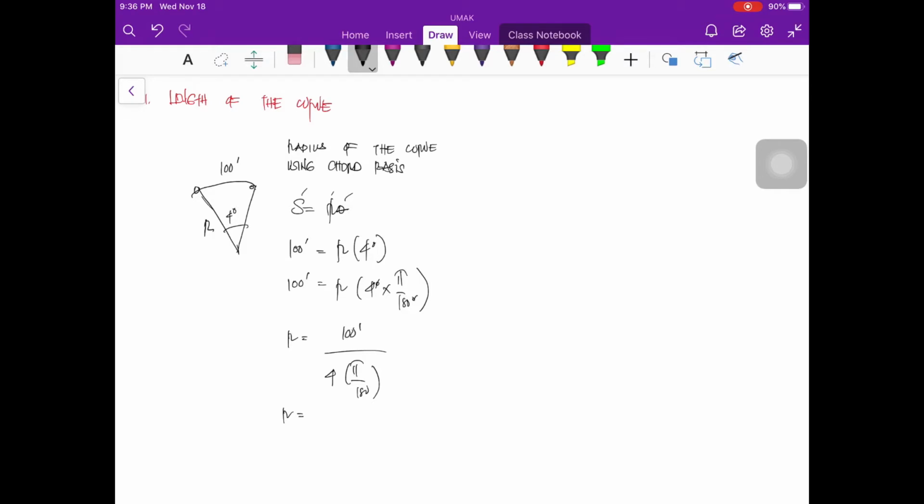That's 100 all over 4 pi all over 180, which is 1432.39 feet. In meters, that's 1432.39 divided by 3.28, which is around 436.70 meters. So this is the value of the R.